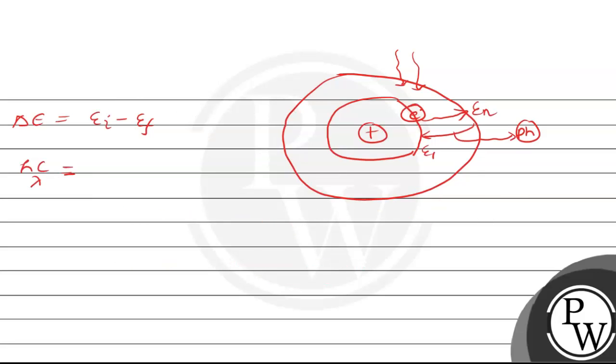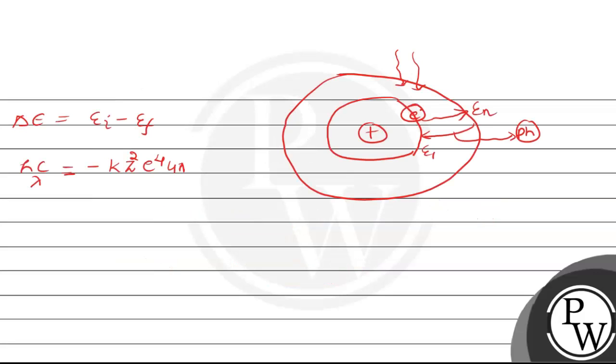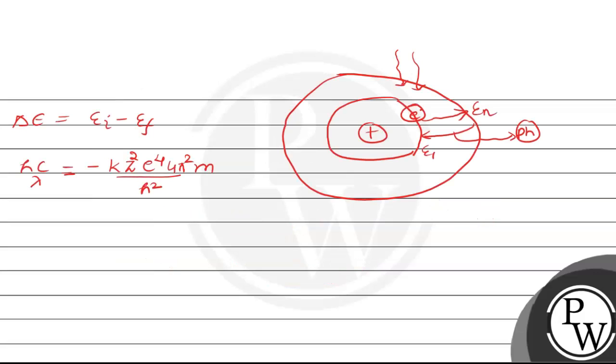This is k z square e raised to the power 4 pi square m upon h square into n square, minus k z square e raised to the power 4 pi square m upon n square h square, where this n is final and this n is initial.